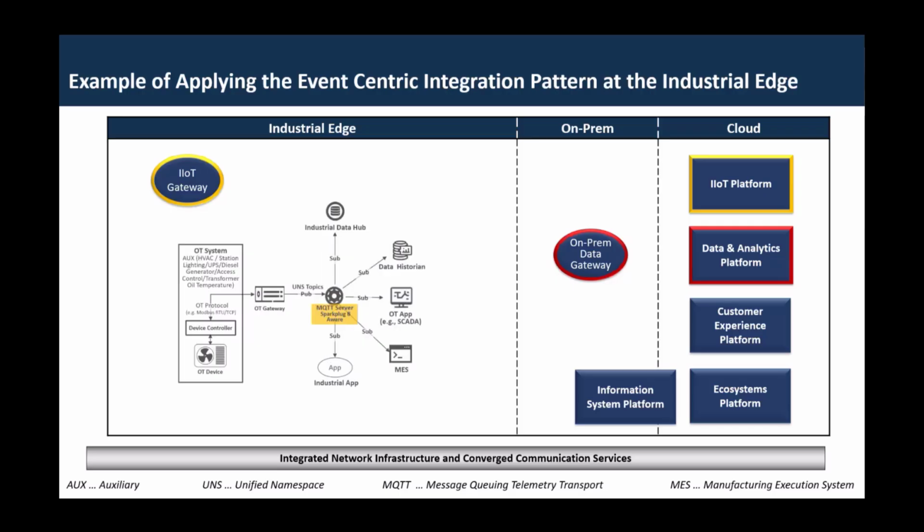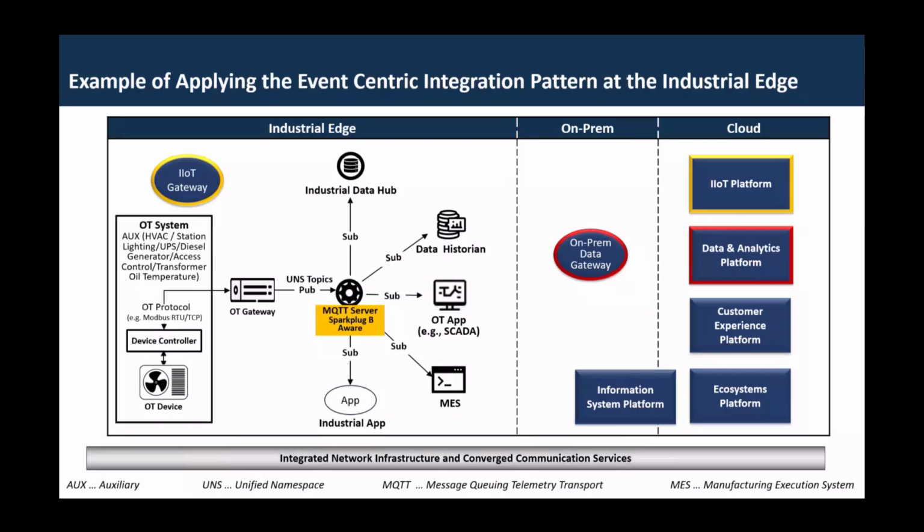This is an example of applying the event-centric integration pattern at the industrial edge. So here we have at the industrial edge an operational technology system that uses an operational technology protocol such as Modbus RTU or Modbus TCP.